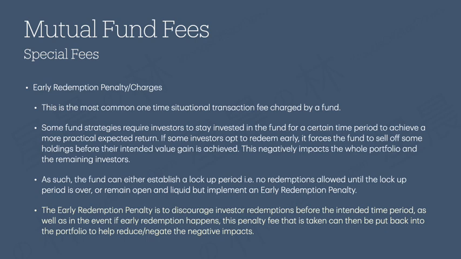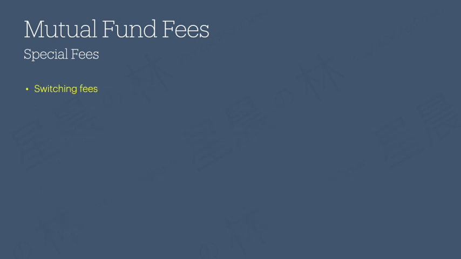Do note that the early redemption penalties are stopgap measures and not a perfect solution. If an FMP has massive redemptions, it will still collapse, as the remaining portfolio will not be able to deliver the intended returns anymore. Switching fees are another type of one-time situational transaction fee that you may encounter.